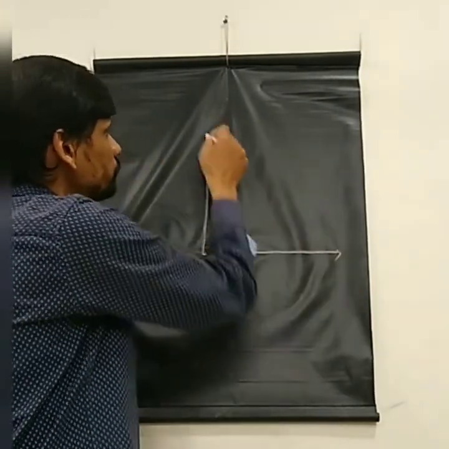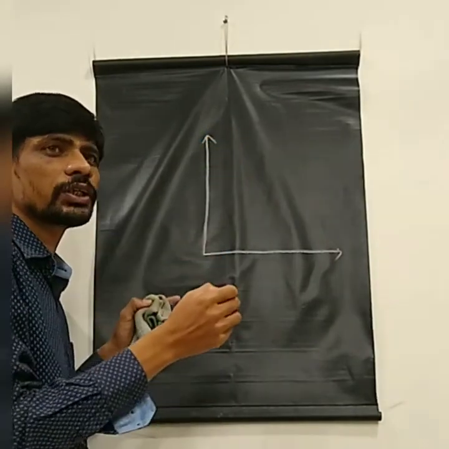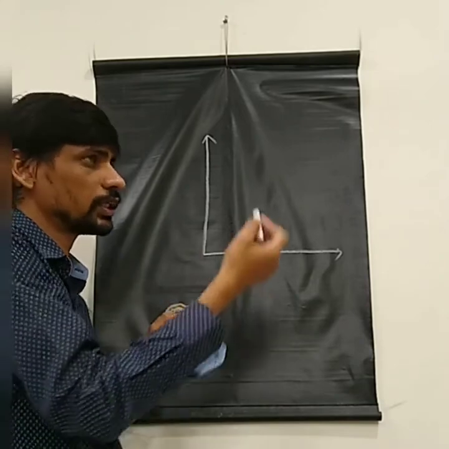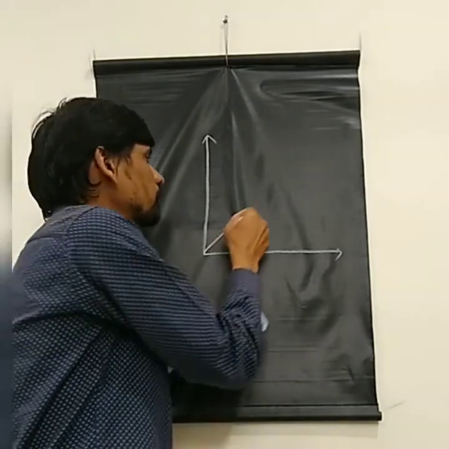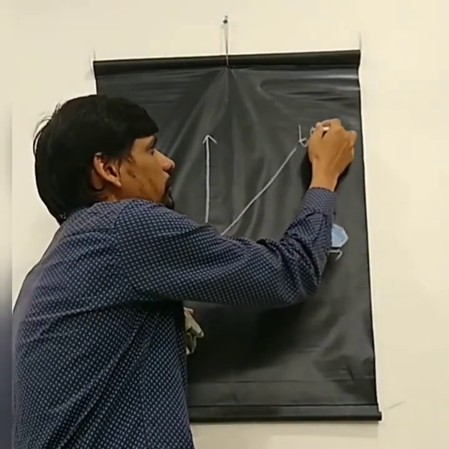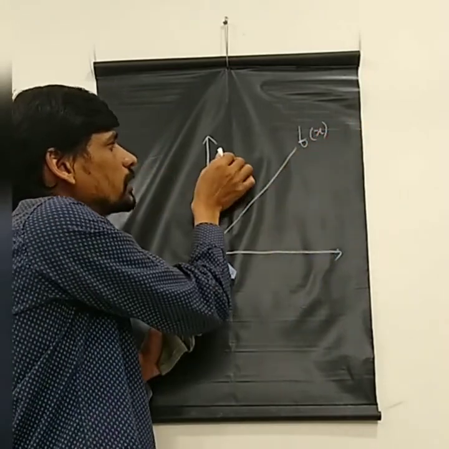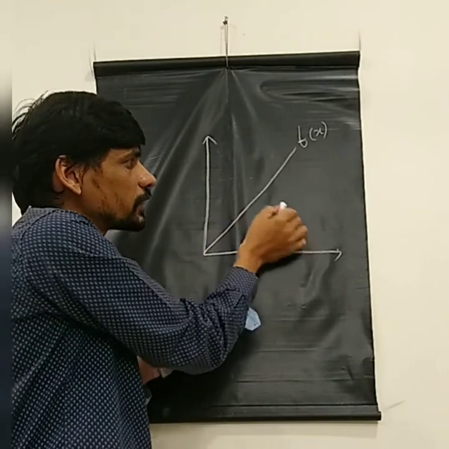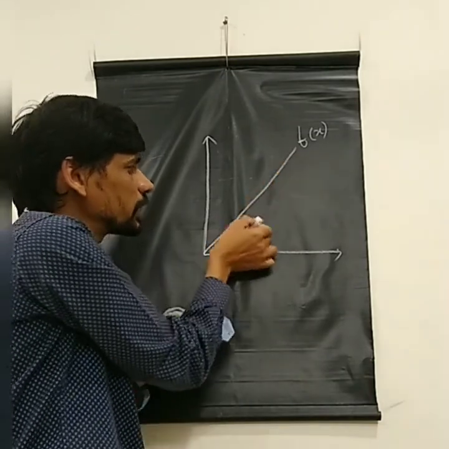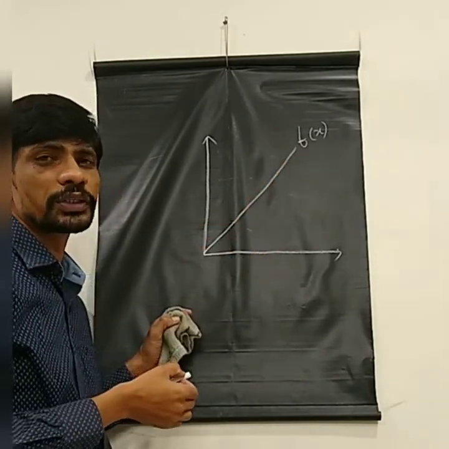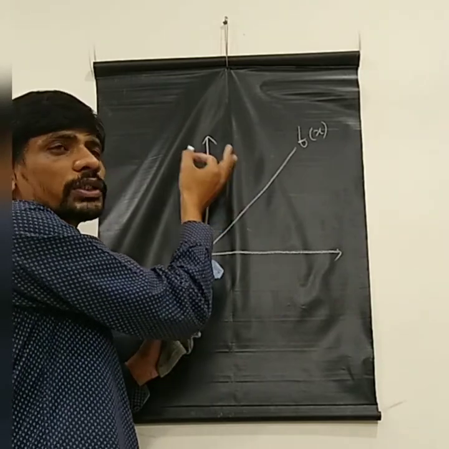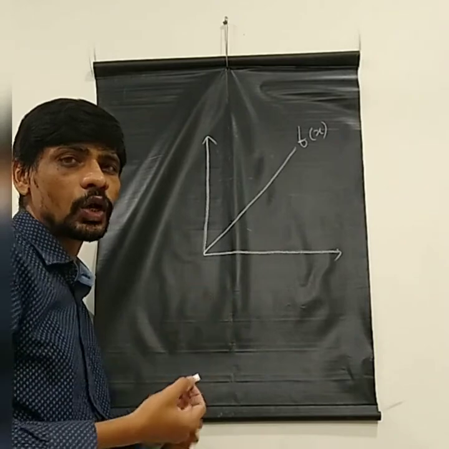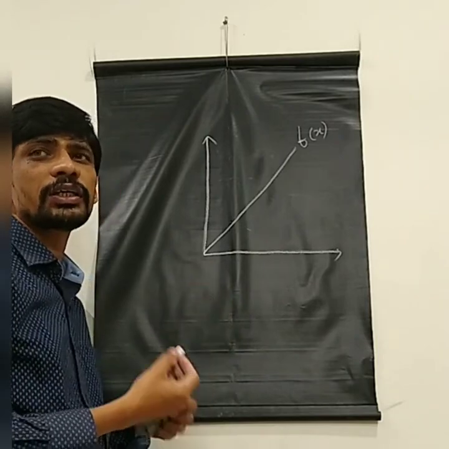Same as how we understand big O notation and big omega notation. For example, if this is my f of x, this area represents big O notation, right? And this area represents big omega notation. So big O notation represents the upper bound and big omega represents the lower bound, right?